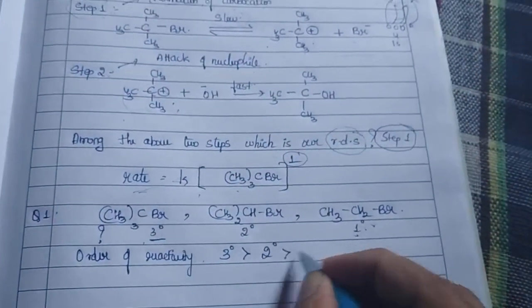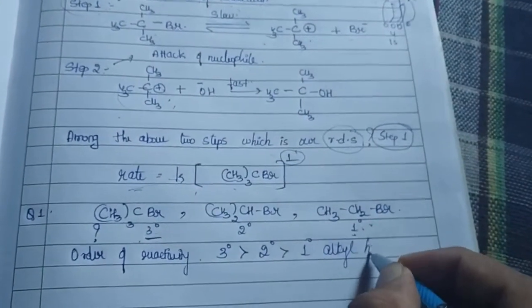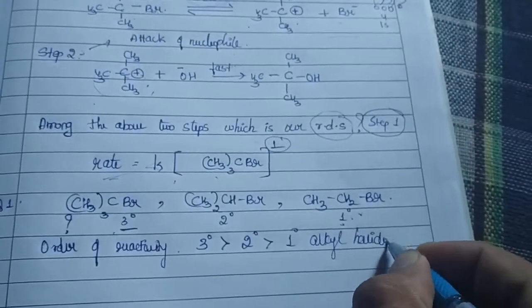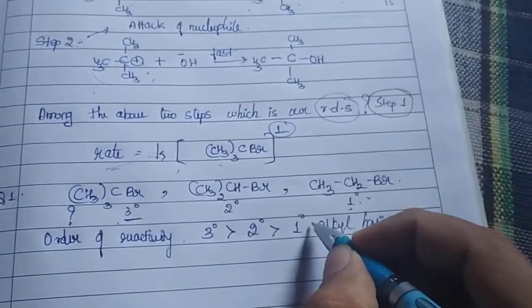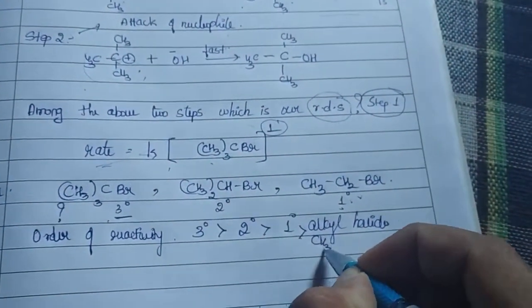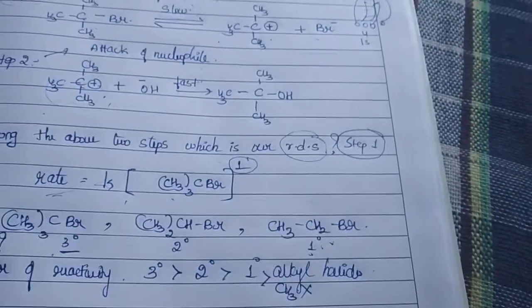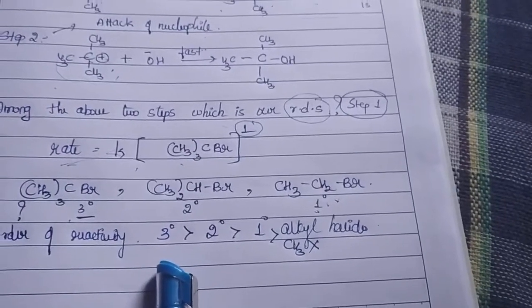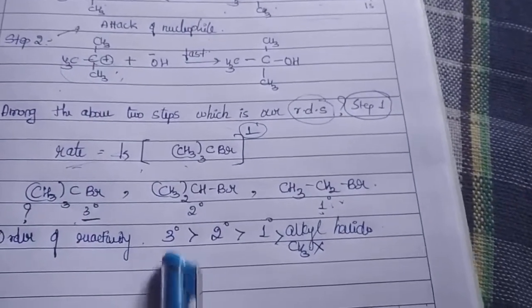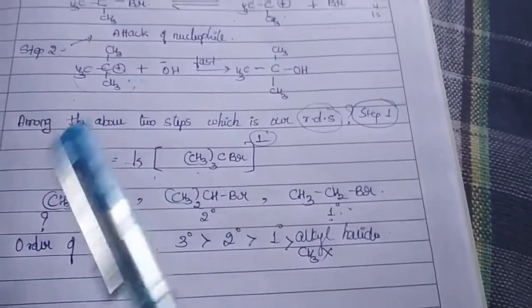And the final will be our primary respective alkyl halides. And do remember, after this primary, we will have our CH3X part. Okay, CH3X. Why is it so? Because greater the stability of the carbocation formed during the ionization in step 1, faster will be the rate of the reaction.